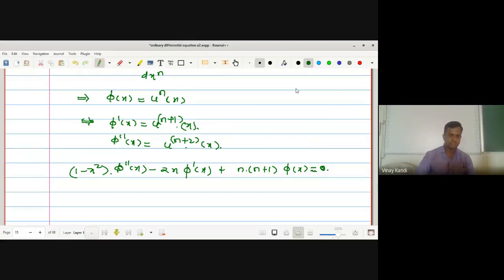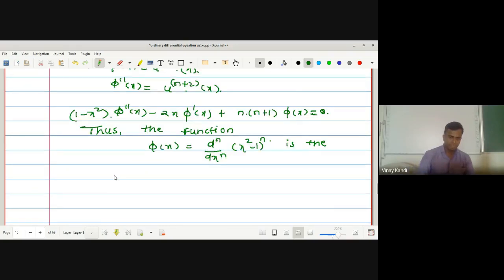So thus, the function phi of x is equal to d raised to n upon dx raised to n of x square minus 1 raised to n is the solution of Legendre's equation.